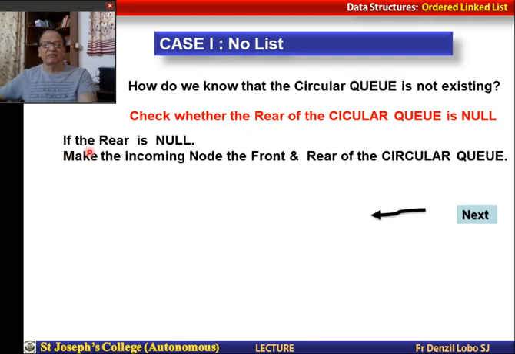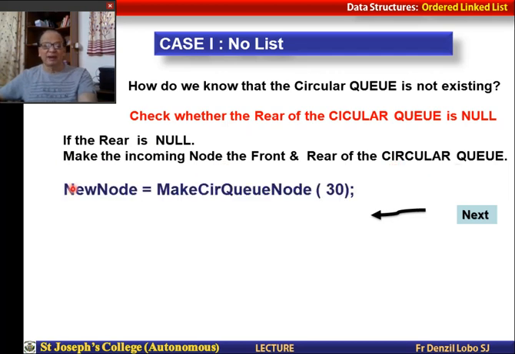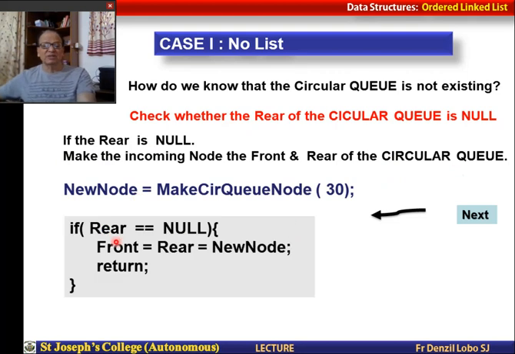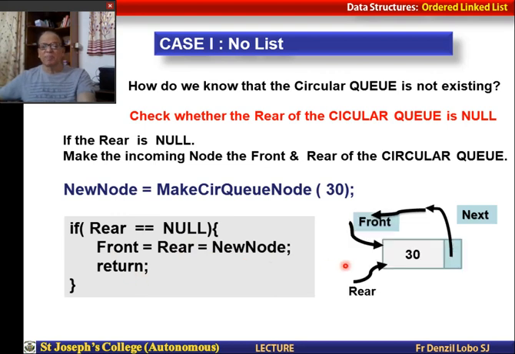If rear is null, make the incoming node the front and rear of the circular queue. That is what we are going to do. I'm creating a new node out of 30. Then I ask the question, if rear is equal to null, front and rear are equal to the new node. So I'm making that new node the front and rear, and return.